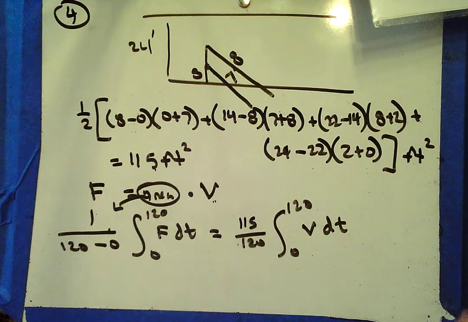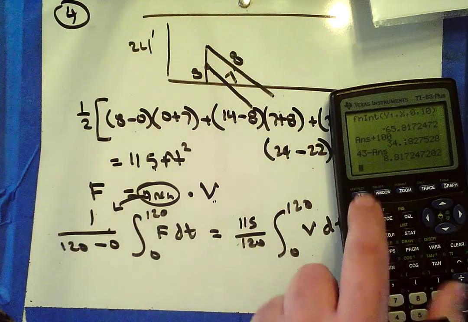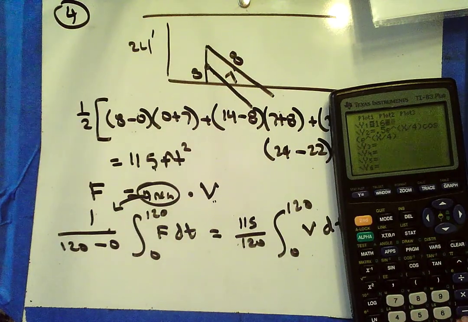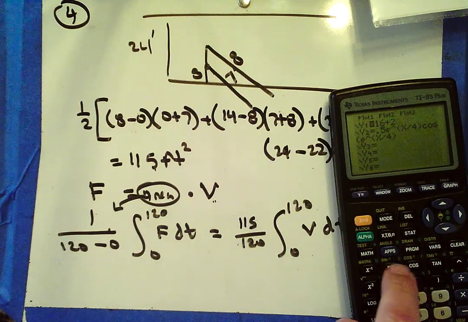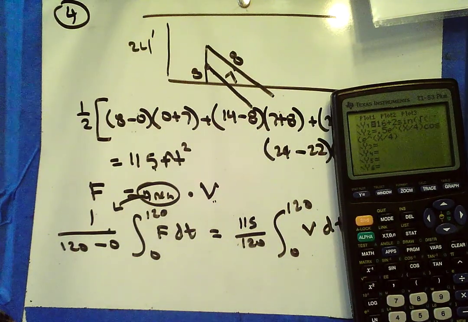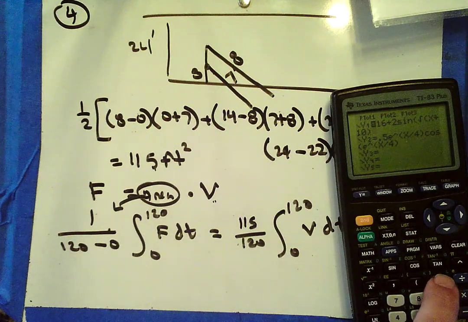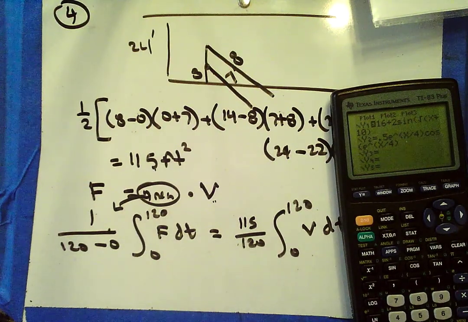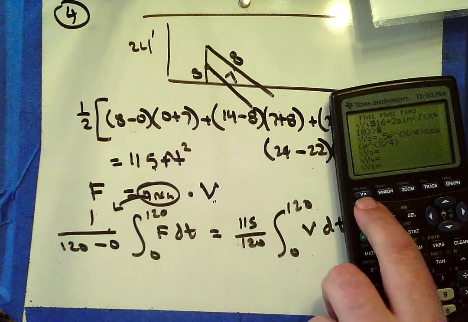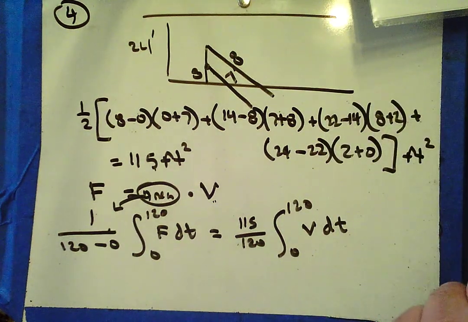This problem is with calculator, so I'm definitely pulling out my calculator, typing in that v function, 16 plus 2 sine square root x plus 10, close two parentheses. Okay, and I'm going to check to make sure that my mode is still in radians.